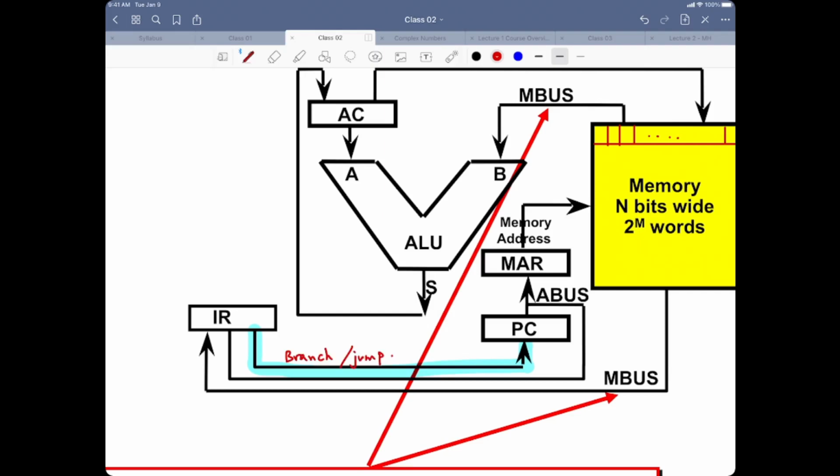Branch to that address if a condition is met or not met. Jump to that address regardless, just jump. Then in that particular instruction, you are actually giving the address of where to jump as part of the instruction. So that's your operand address. That will need to go into program counter. That's what is happening over there, right? So that particular line is to support those types of instructions.